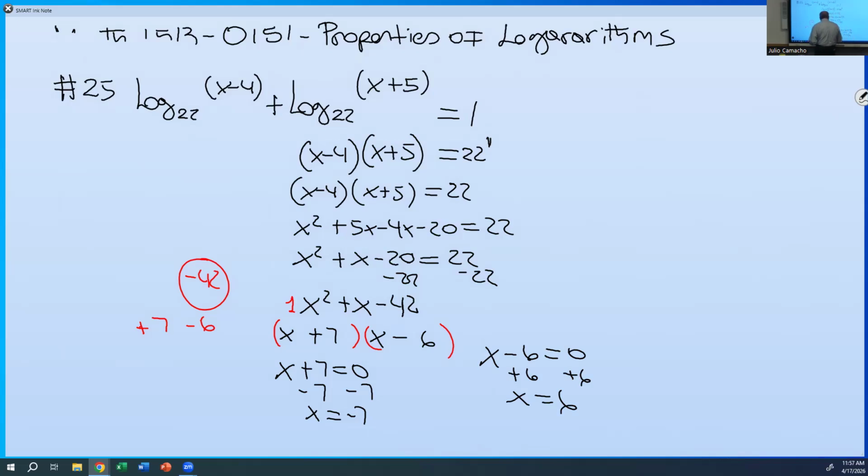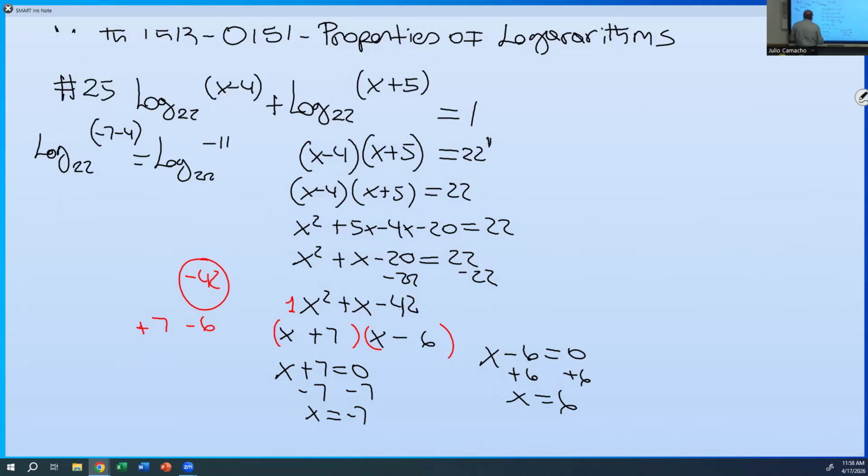And we said already we cannot have a negative number, because x is the exponent. Imagine that we replace right now x with negative 7. You have here the log base 22 of negative 7 minus 4, that will be the log base 22 of negative 11.